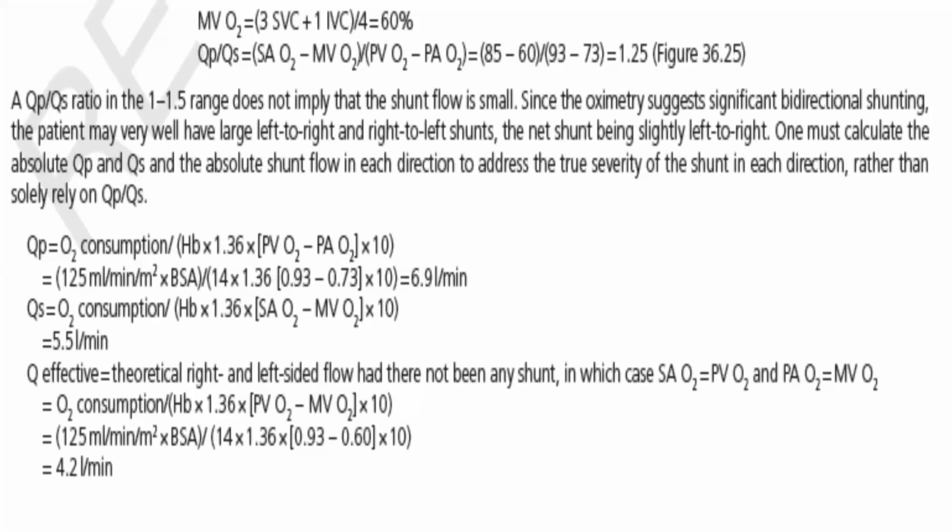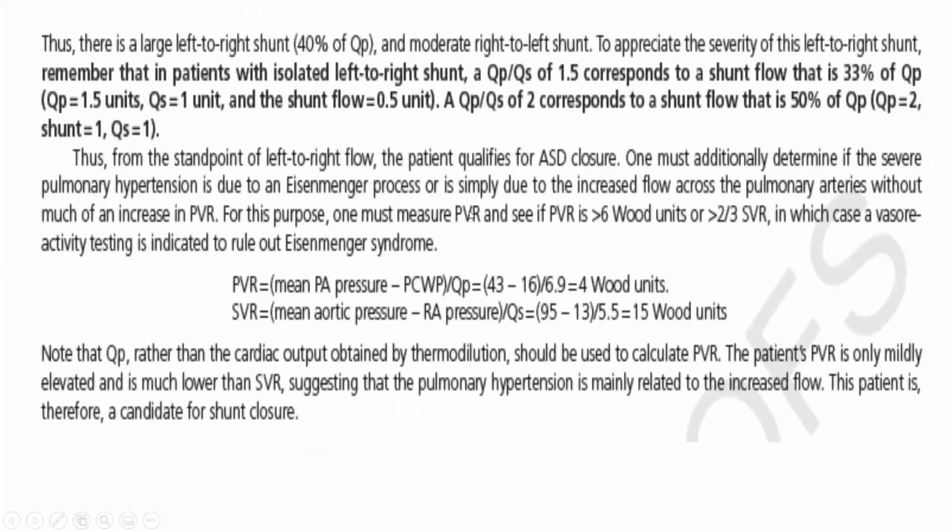I have proven to you that the QP to Q effective is significant in this patient. He has a bidirectional shunt, but the left to right shunt is still large, and PVR is 4 Wood units, SVR is 15 Wood units, mean aortic minus RA pressure. Can I close the shunt? Or are there some other tests you need to do?